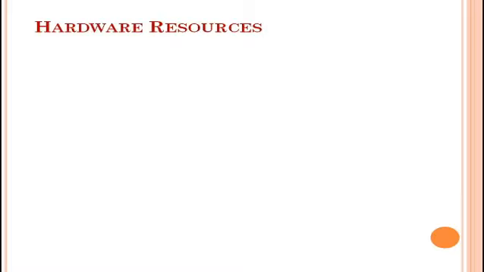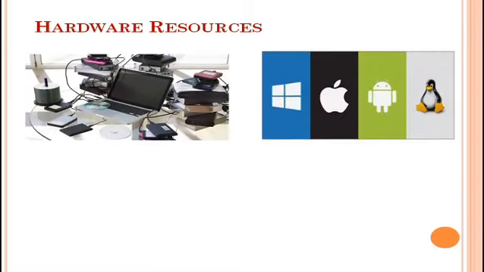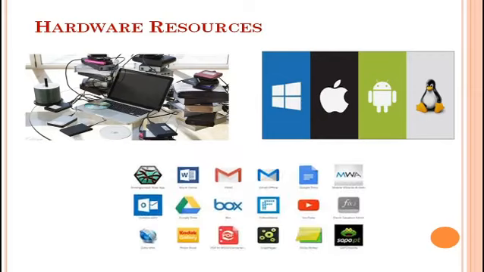Coming to the hardware resources, the system architecture of a computer is represented by three nested circles as the hardware, operating system and application software which was shown in the figure. The modern computer systems demonstrate their power through efforts by hardware resources, an operating system, and an application software.